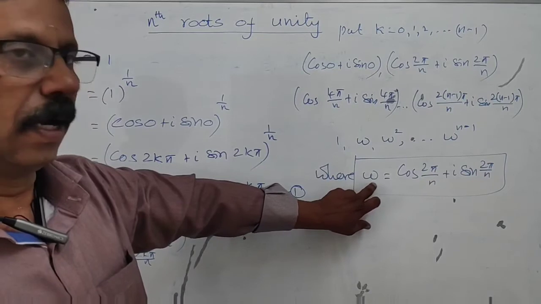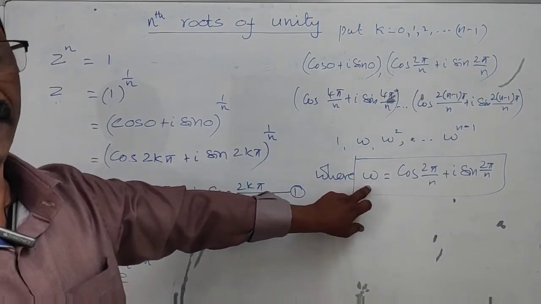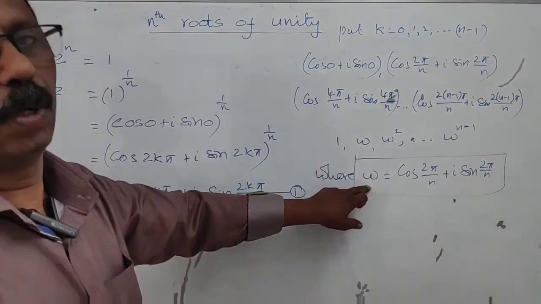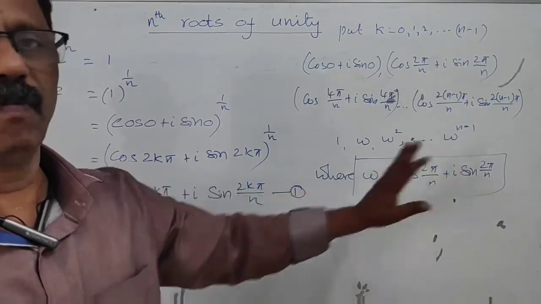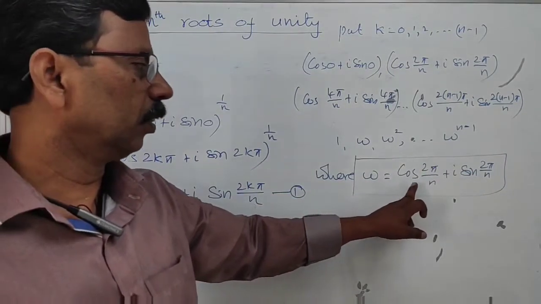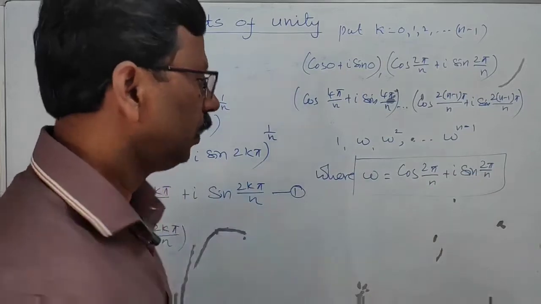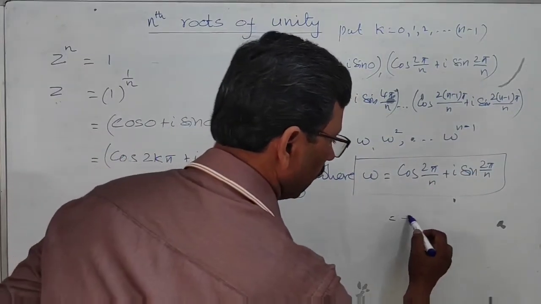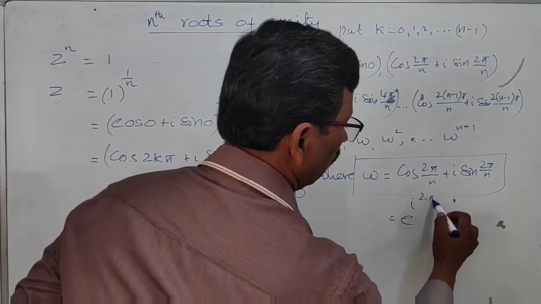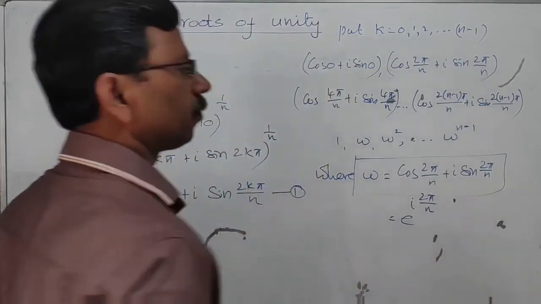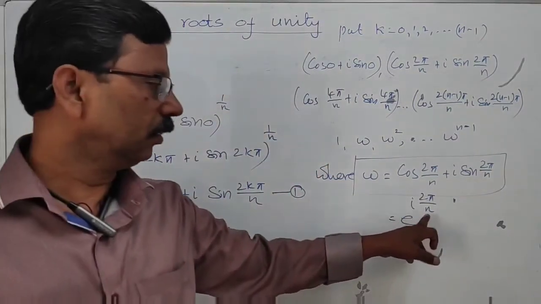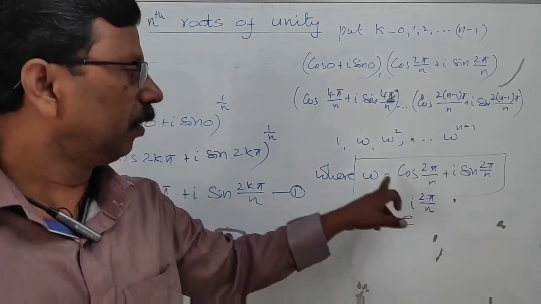Therefore, always you can take this as omega. This is the symbol for denoting one of the nth roots of a complex number. Therefore, you write omega equal to cos 2 pi by n plus i sin 2 pi by n. Now this can be in exponential form, e power i into 2 pi by n.